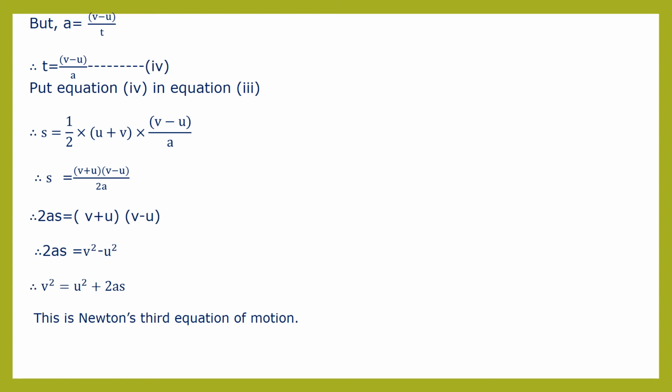Therefore V square is equal to U square plus 2AS, because the negative U square, when it comes to the left hand side, becomes positive. This equation is called Newton's third equation of motion. I hope, children, it is clear to you.